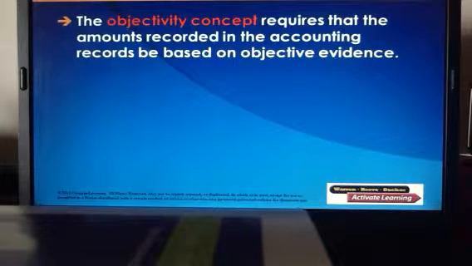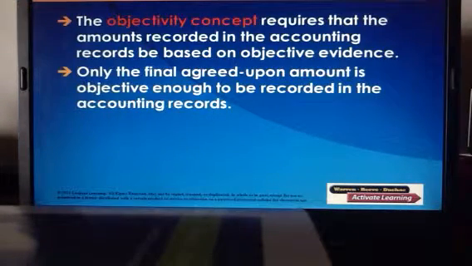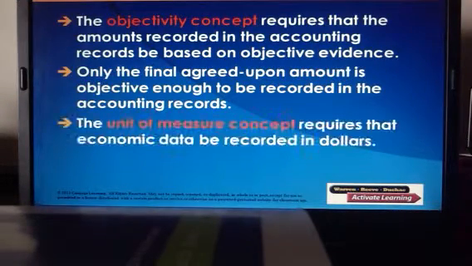In other words, you wouldn't record an amount based on your own judgment. You have to have some sort of documentation or evidence in order to be able to record a transaction. And finally, the unit of measure concept requires that economic data be recorded in dollars. In the United States, we use dollars as our unit of measure.